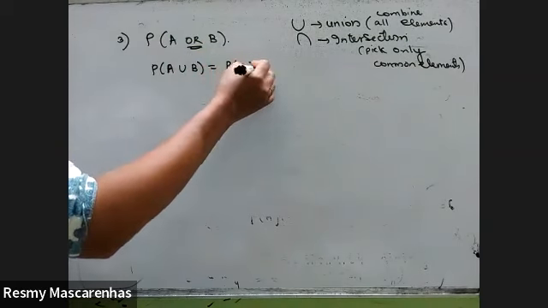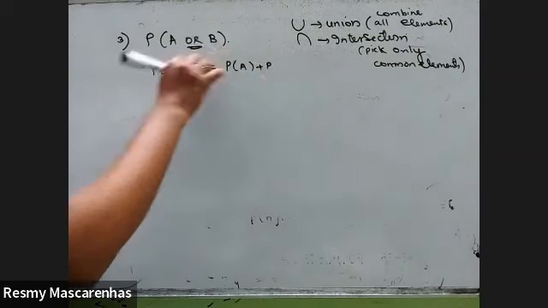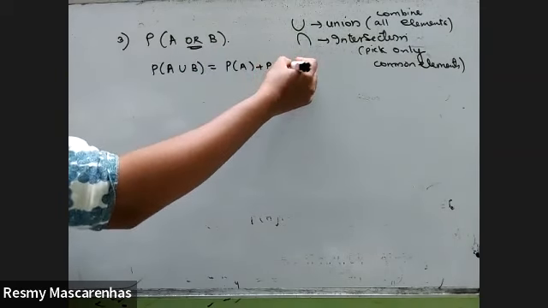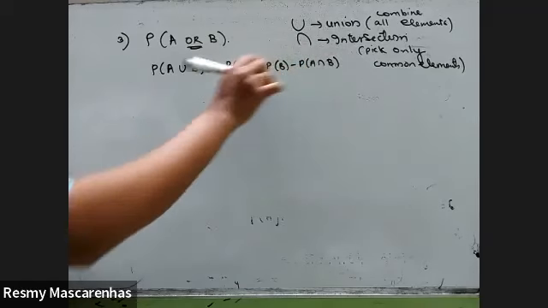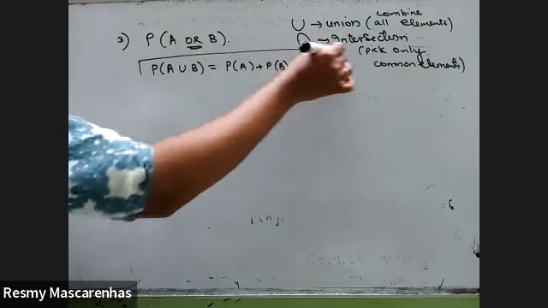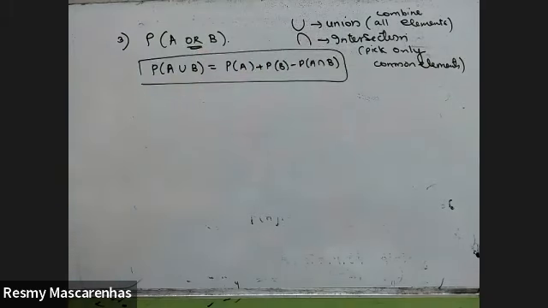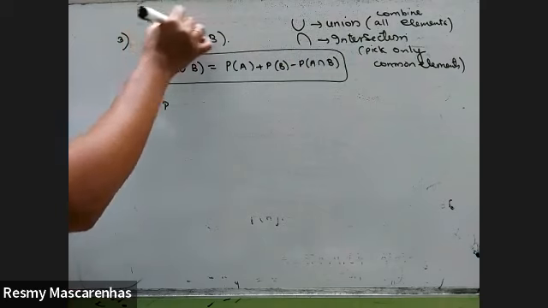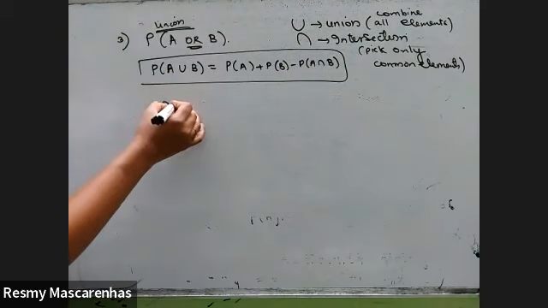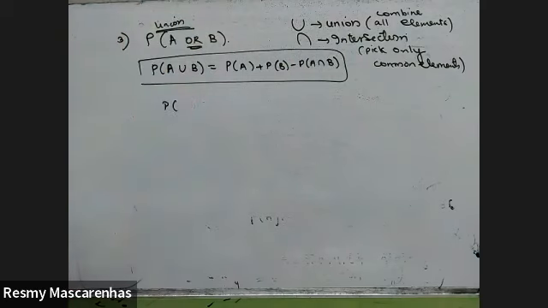There's a formula if you want to calculate the relation between union and intersection. If this is union, this will be intersection. Probably we can also use union here. Main topic: probability of at least one. That also means the same.